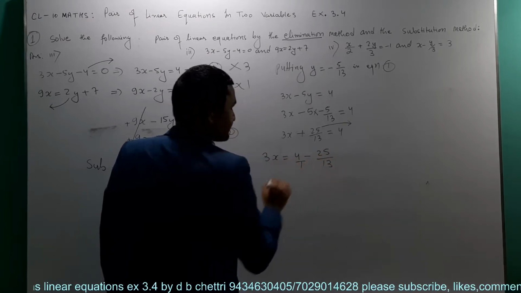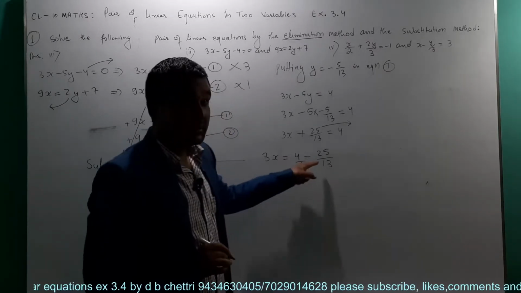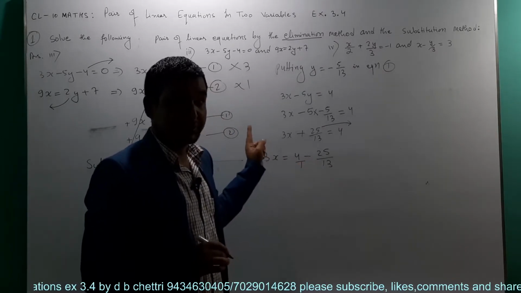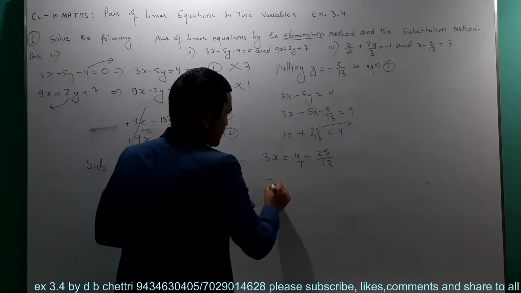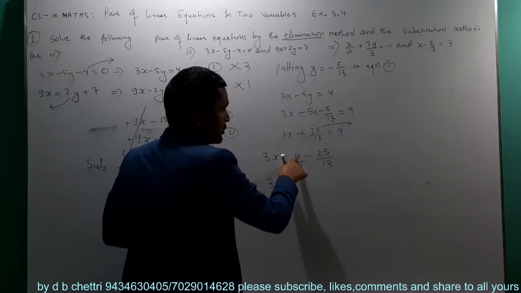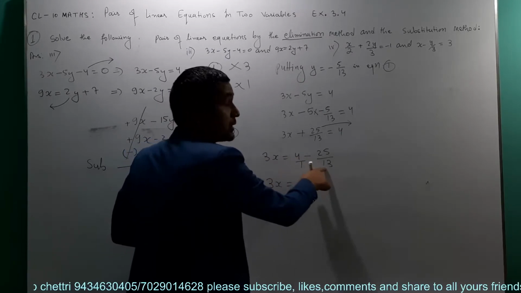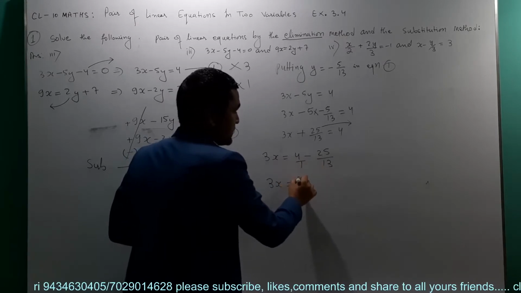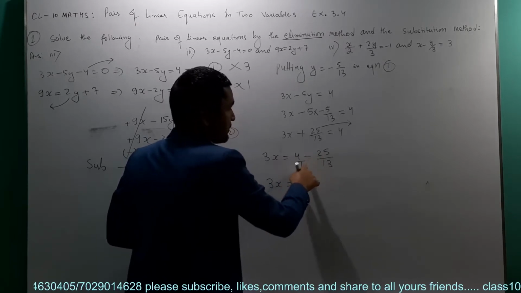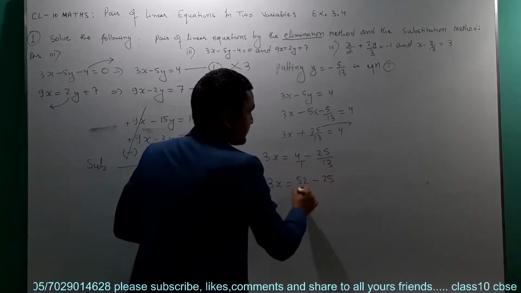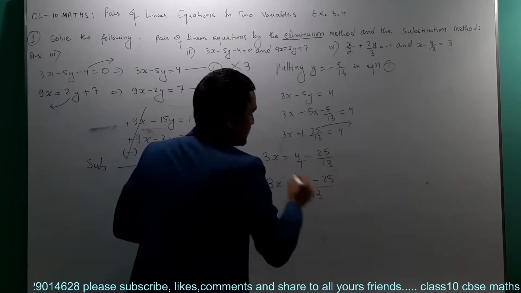Now use 1, now do the LCM by the cross multiplication method, how we did in the previous questions. 3x equals, 4 thirteens are how much? 4 thirteens are 52, minus 25 ones are 25, then 1 thirteen is 13.